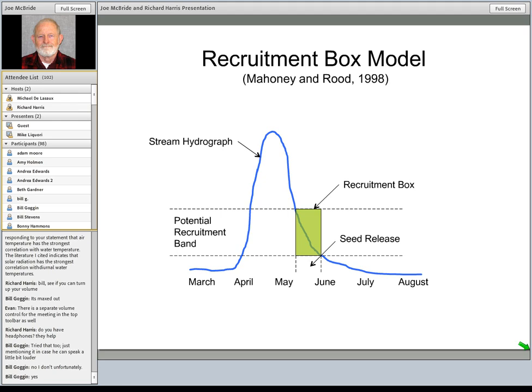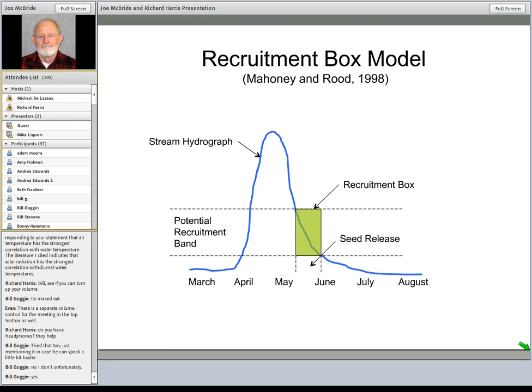This is where we have an overlap, if you will, of seed release with a potential recruitment band of gravel bars adjacent to streams where the stream is receding but the capillary fringe is maintaining a moist zone that still has oxygen in it that allows for the germination and establishment of these seedlings.